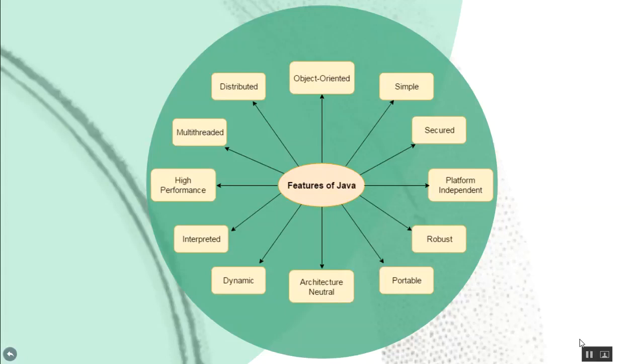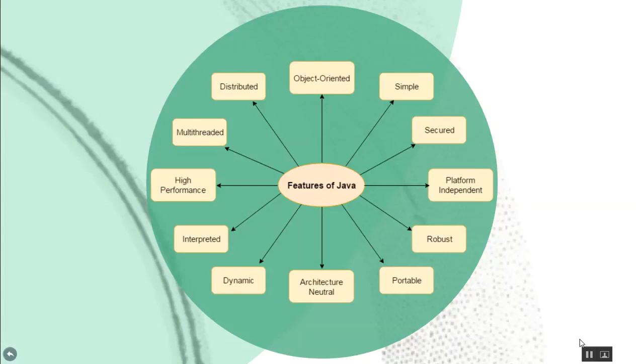Everything is architecture neutral. You don't need to worry about whether your end user system is 32-bit or 64-bit. Java is portable. We can carry Java bytecode to any platform, as we discussed. Like it's platform independent. We can take your code from one machine to any other machine without any hesitation.